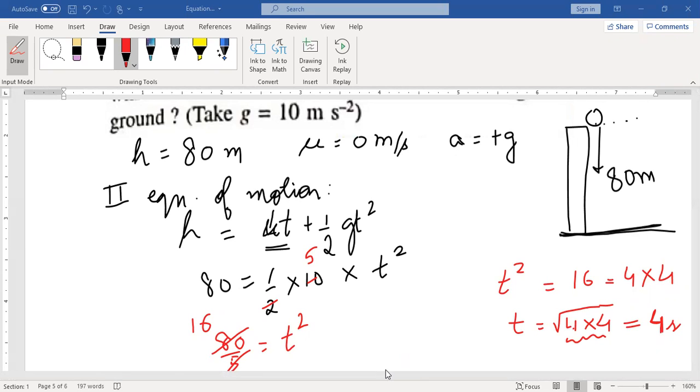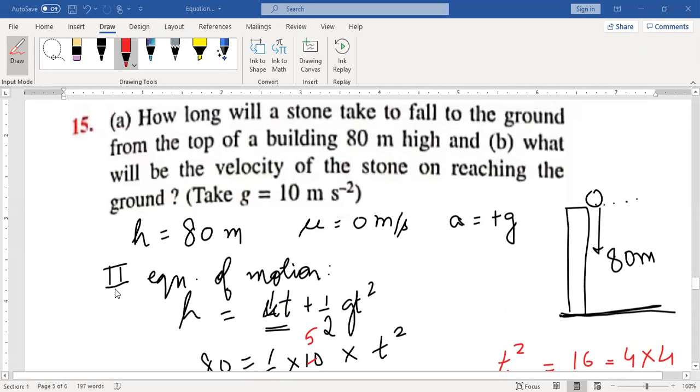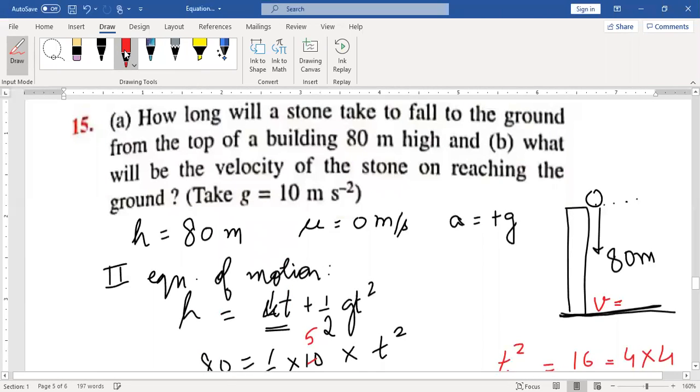First part, we have calculated how much time it takes to reach the ground. Now further, students, part B says, what will be the velocity of the stone on reaching the ground? So we have to find final velocity.